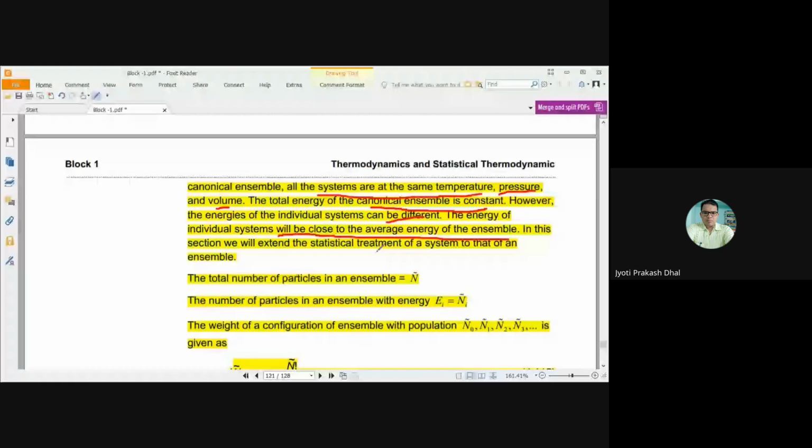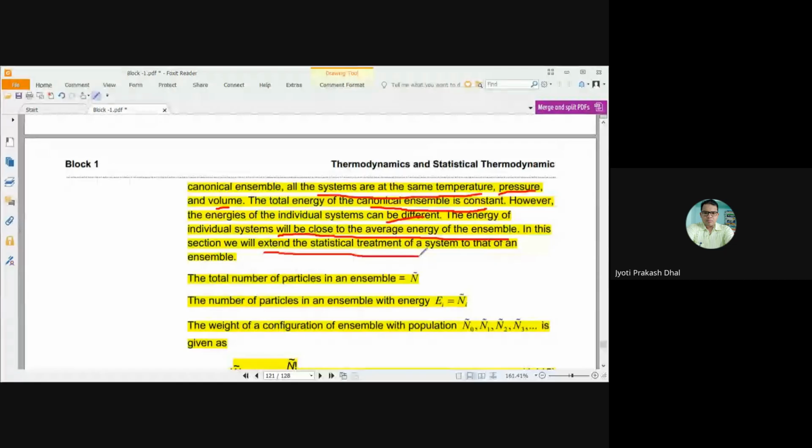So in this section, we will extend the statistical treatment of a system into an ensemble.